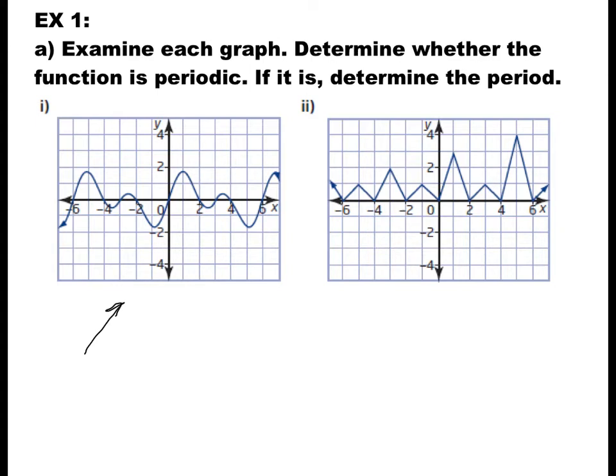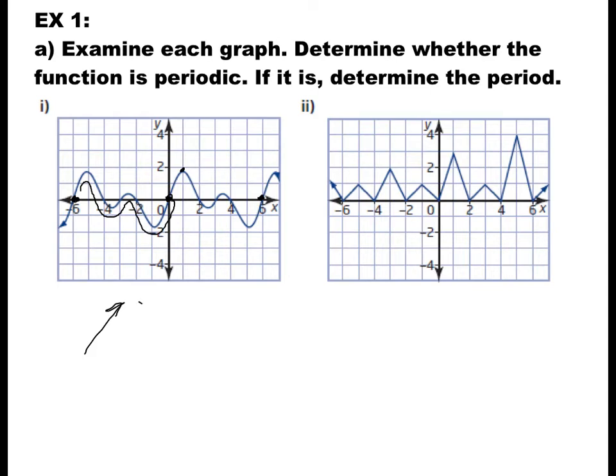It's very simple. You can see that the function starts from 0 here, it goes up to here, down, and then it gets to this point, and then it starts repeating. Or we can go left. We can say that it starts from this point, goes up, down, and gets to here, and again it starts repeating.